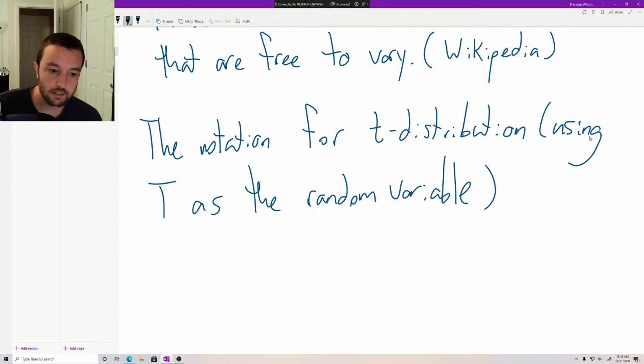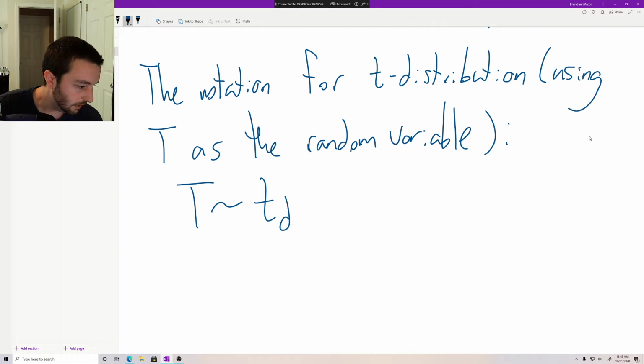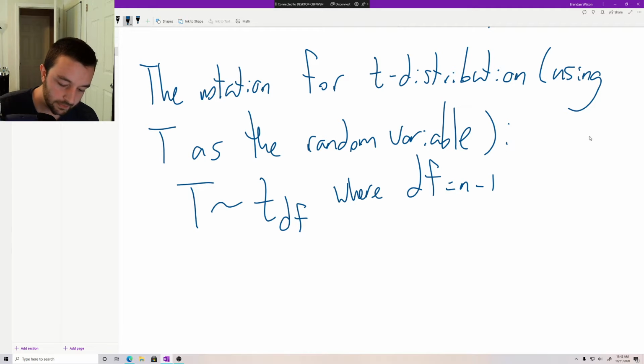You could just as well use x though. T is distributed as a t distribution with however many degrees of freedom, where df equals n minus 1. So sometimes you might just see this written as t n minus 1.